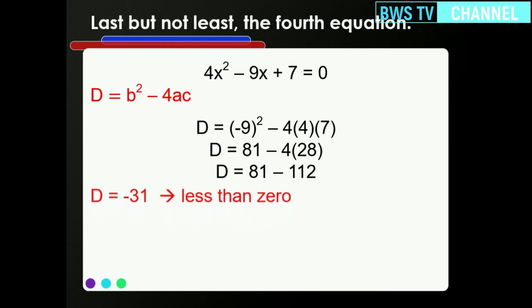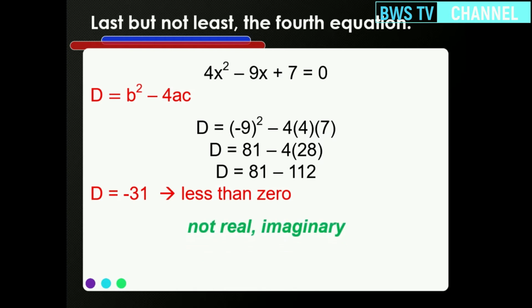And when you subtract, your discriminant is equal to negative 31. And what have you noticed? It's negative 31. So that means discriminant is less than 0. So what will be our description? Not real, imaginary. That will always happen if your discriminant is a negative number.